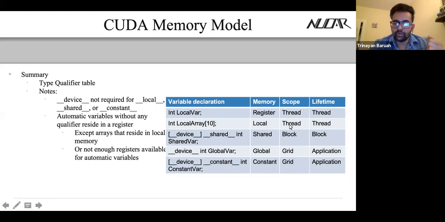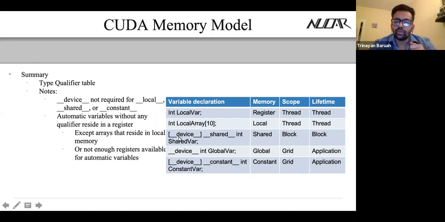So this local array has the same scope as local var. The only difference is the memory where it will be stored. While this integer variable will be stored in a register, there's a high probability that this local array will be stored in local memory, so access to it will be slower.